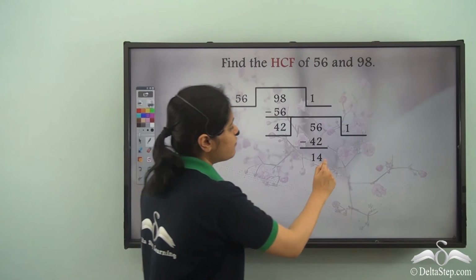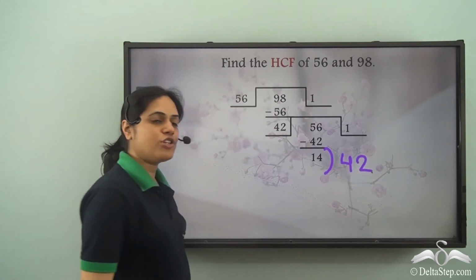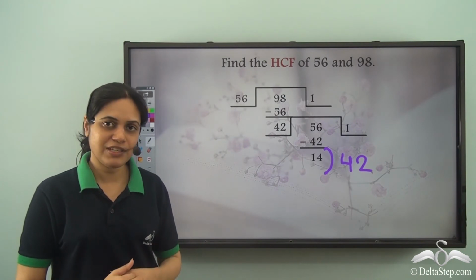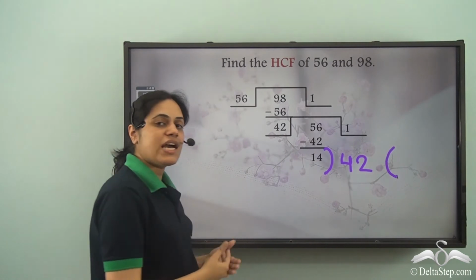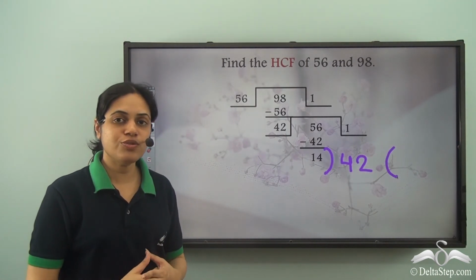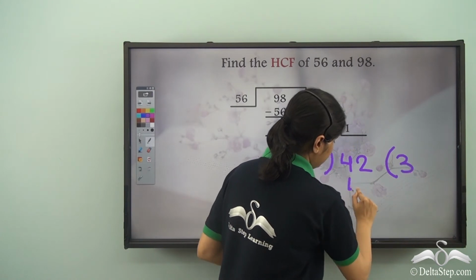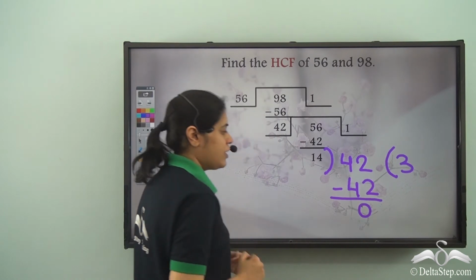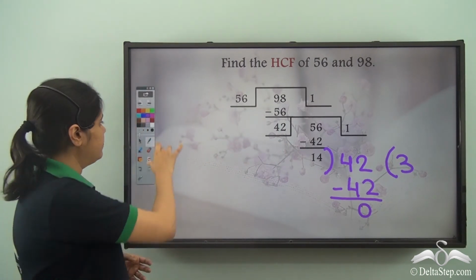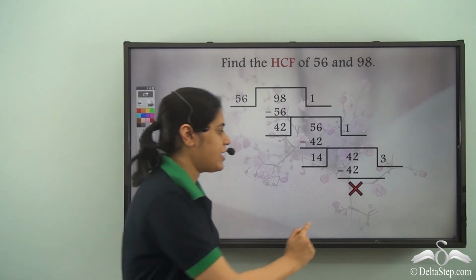Now once again this 14 will become the divisor and 42 will become the dividend. And now how many times does 14 go into 42? 3 times. So 3 into 14 is 42 and the remainder is 0. So this is what I have and I stop here.